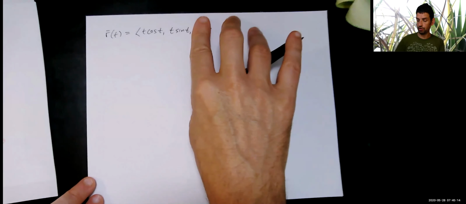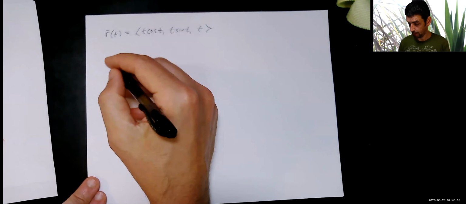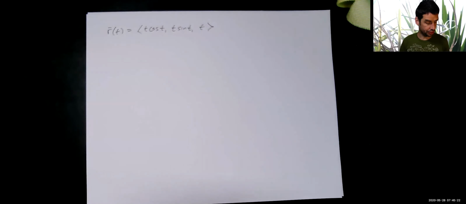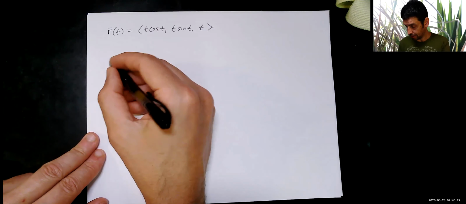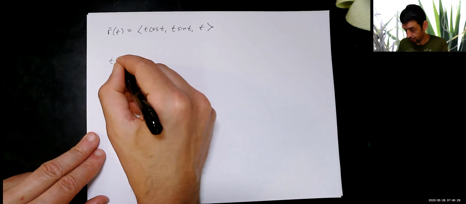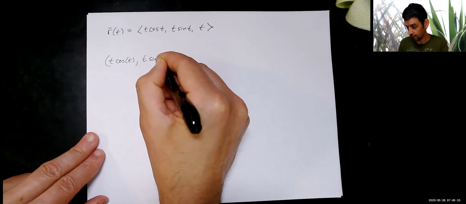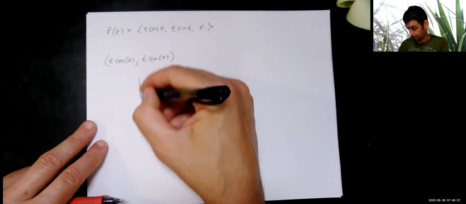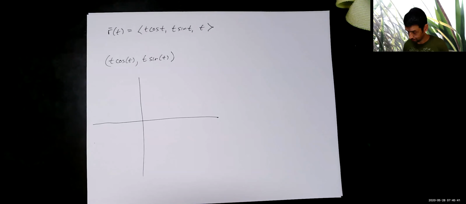Let's try to examine this ignoring the z direction. I'm going to pull back from the vector function and think about parametric equations. So I want to think about the parametric equations t cosine t, t sine t, in 2 dimensions. And let's think about the set of points this traces out.